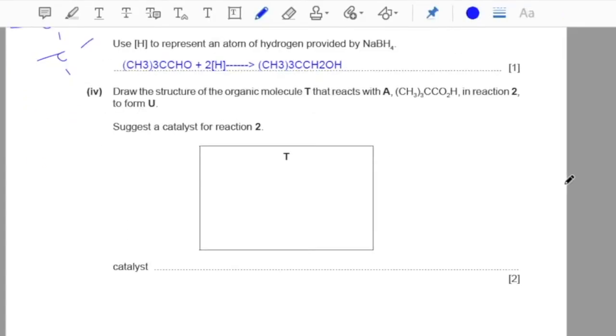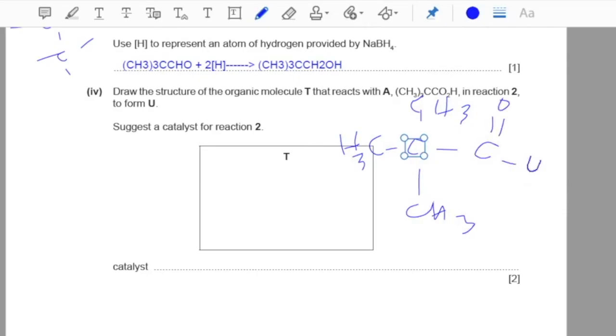Draw the structure of the organic molecule T that reacts with A in reaction 2 to form U. Suggest a catalyst for reaction 2. Okay, so A is a carboxylic acid. It has got a carbon bonded to 3 methyl groups, and then the carboxylic acid functional group.